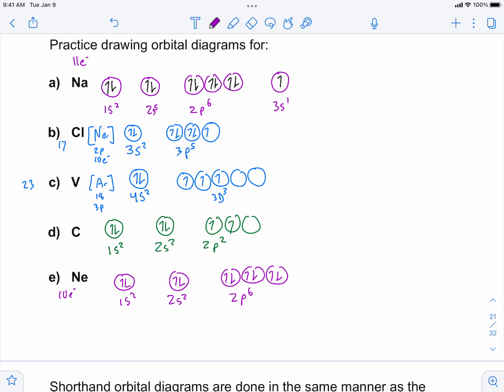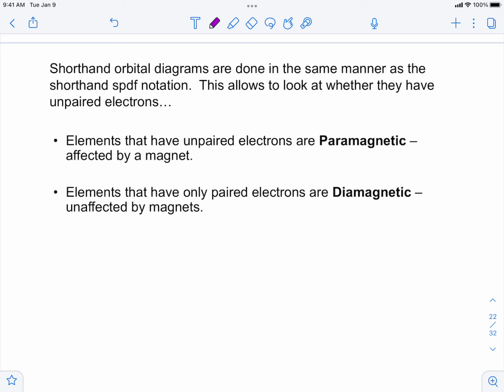but let's talk about a new term, paramagnetic. Paramagnetic is an element that is affected by a magnet, meaning you can hold a magnet to it and it will respond. So elements that have unpaired electrons, they're going to be paramagnetic.